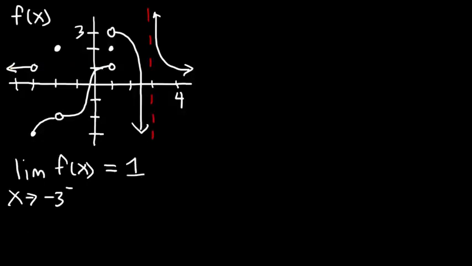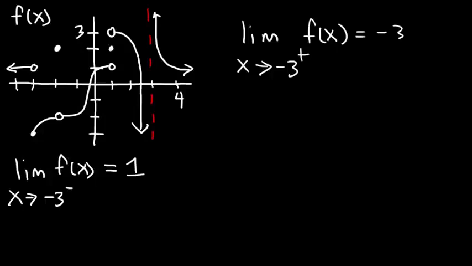Now what about from the right side? You want to approach the vertical line at negative 3 from the right. So we follow this curve. Notice that the y value here is negative 3. So therefore, the limit as x approaches negative 3 from the right side is negative 3.